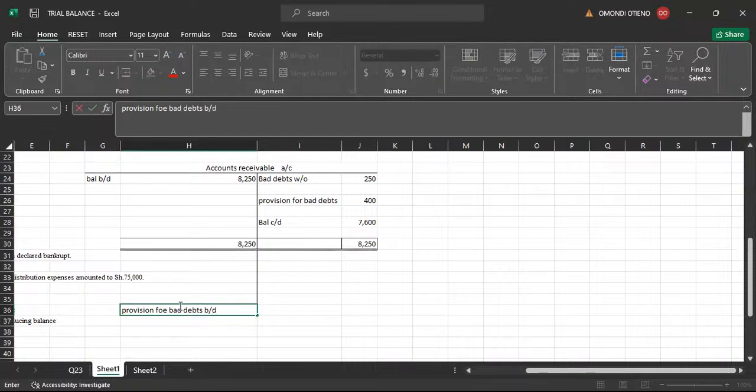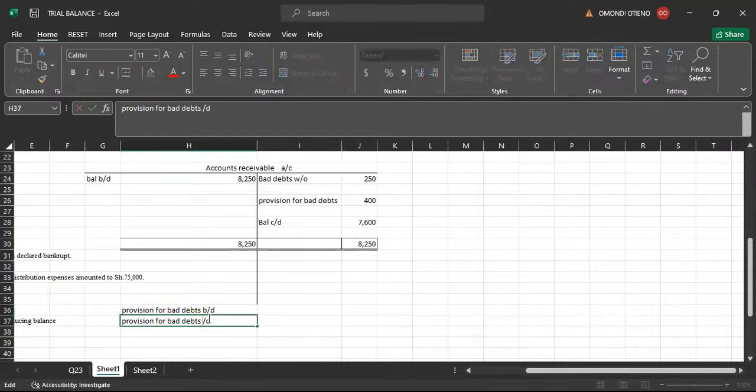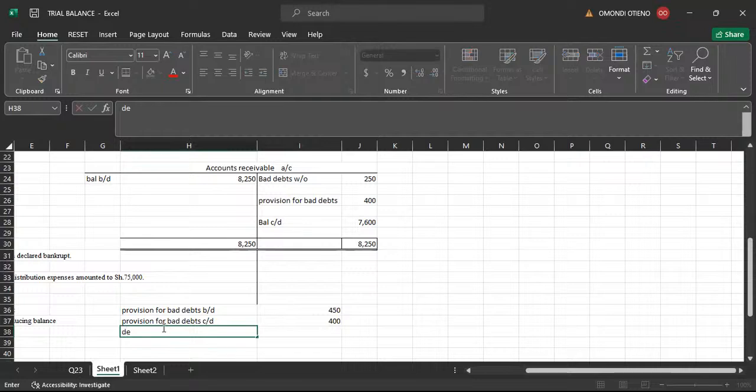So that is brought down. We can call it that. So at the beginning, they provided 450. At the end, we are having 400. So what has happened? That is a decrease in provision.